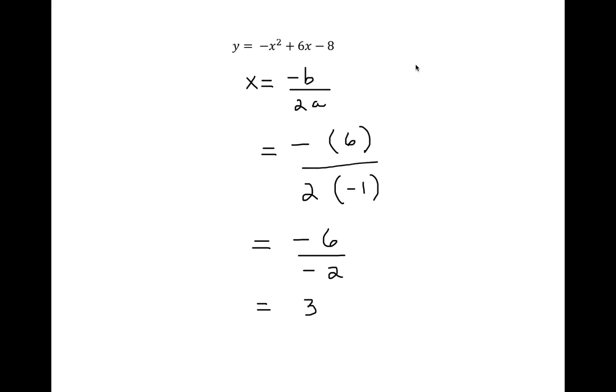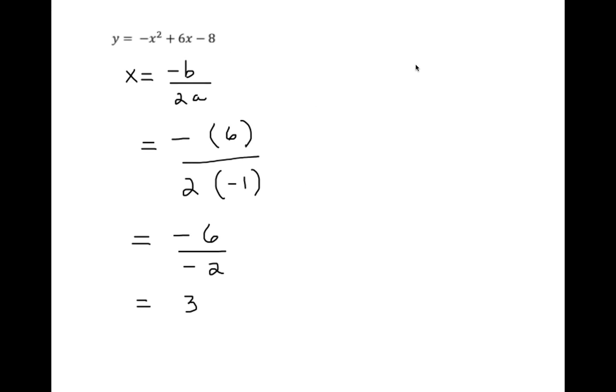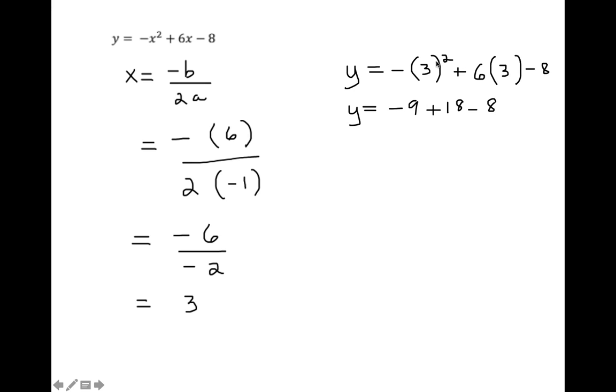Then we need to use that and plug it back into the original equation so that we can figure out what y is. So we plug it in using brackets just to keep everything clean and neat. And then we're going to simplify it. The first number will be 3 squared times the negative, so negative 9, plus 18 minus 8. And when you pull everything together, you find that the y is equal to 1. So your vertex then is (3, 1).